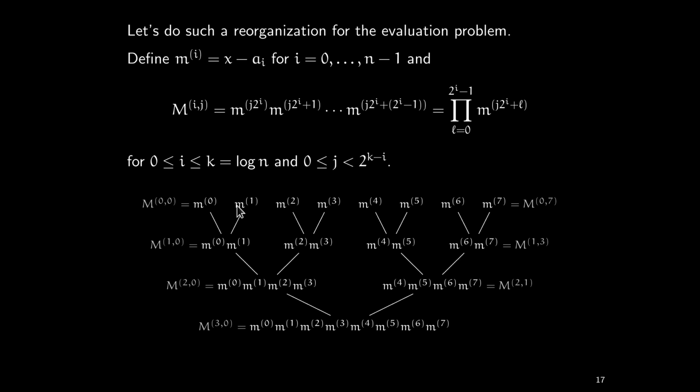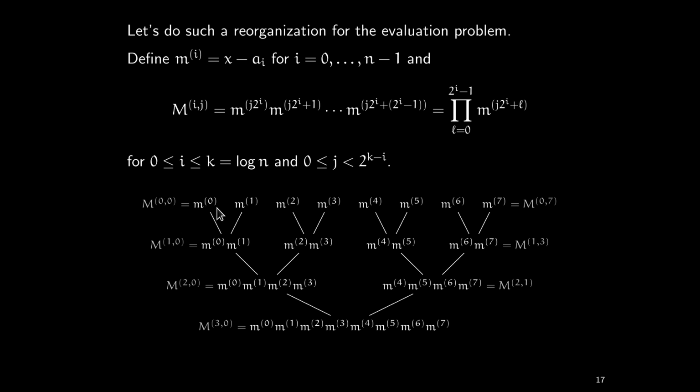It's the lowest level of the tree, and then the second index runs from 0 to 7 in this case, and that's just all the m's, in this case 8 m's. And then in the next level, so the first index is the level, the next level contains things that are products of the things in the level above.